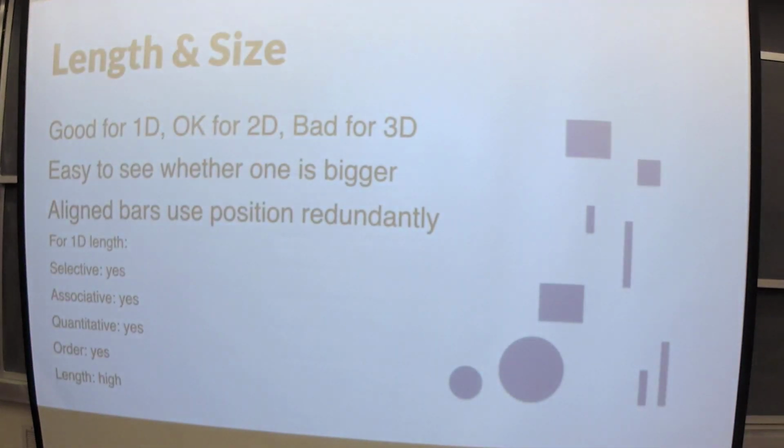But if they were closer together, this would be a harder task than if they were really aligned to each other. So for 1D length, it is selective, it is associative, it's quantitative, it's ordered, and we also have pretty high length that we can use. So this is a reasonable encoding, and we'll talk more about the limits of this when we talk about this perception paper.